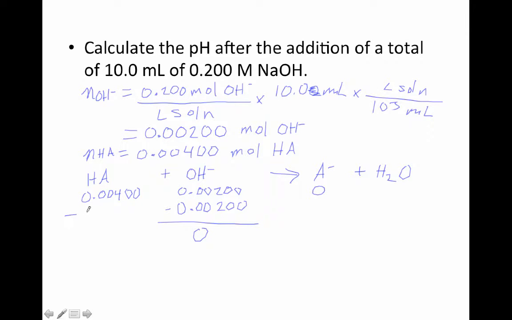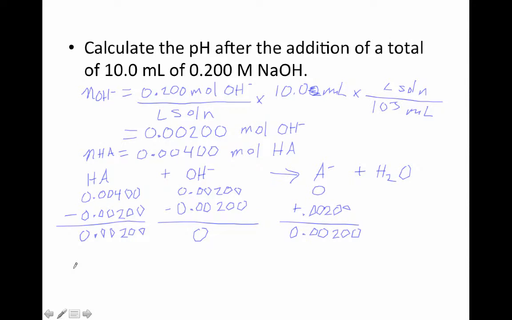We will subtract a corresponding amount from the benzoic acid, which gives us 0.00200 moles of benzoic acid remaining. And we will add 0.00200 moles to the benzoate, since that is the result of the reaction of the benzoic acid with the hydroxide.